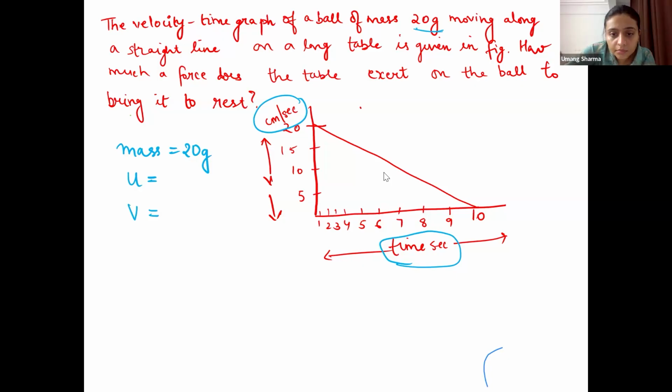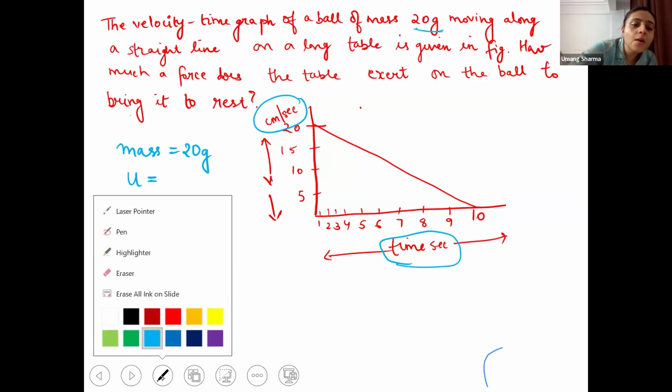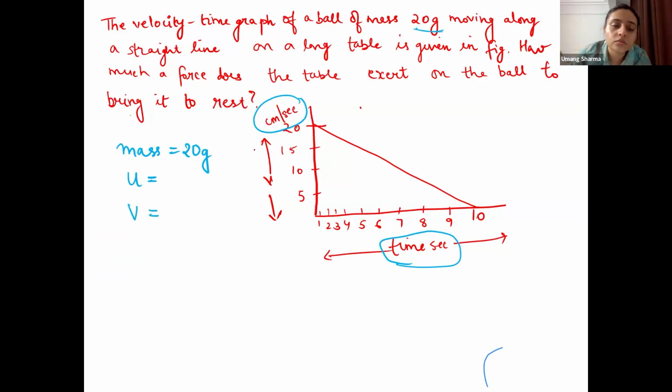Okay, Abhay, 0.02 kg. So where we got the mass here, 0.02 kg. Now tell me about the initial velocity. Okay, initial velocity 0.